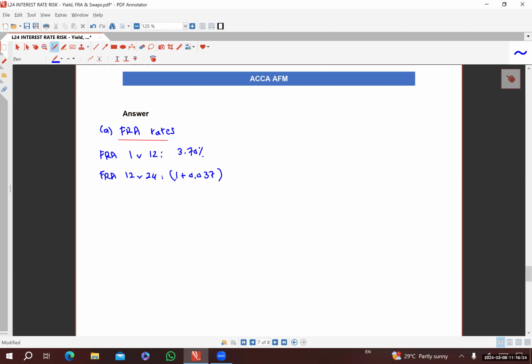If I invest $1 now for 1 year, at the end of 1 year I reinvest in the second year at the second year rate, month 12 to 24.